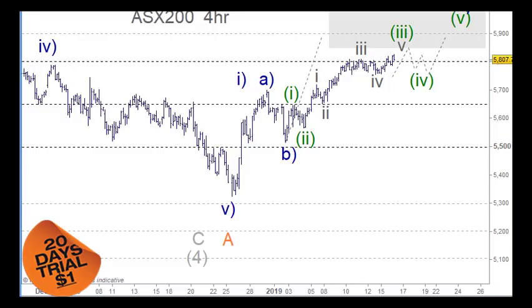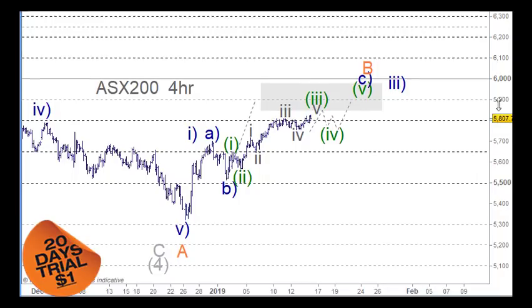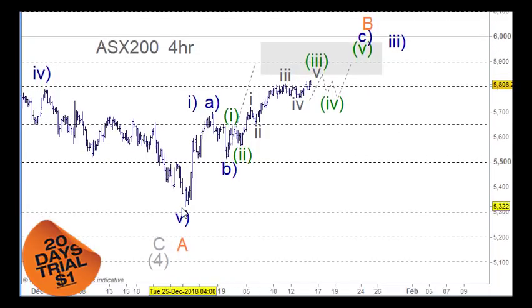So on the 4-hour chart here, we're looking at this move here. So this move up here can be wave A, or it could be wave 1, and back for B or wave 2, and then up for wave C of B, or up for wave 3 here. So like I mentioned, both counts are the same.